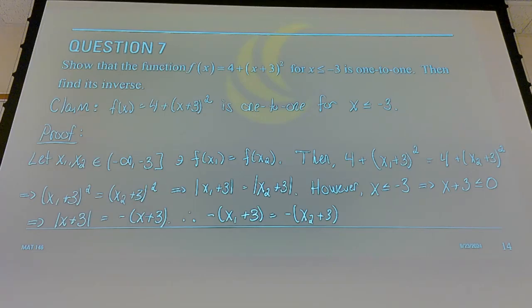So we use that to get to negative x1 plus 3 has to equal negative x2 plus 3.